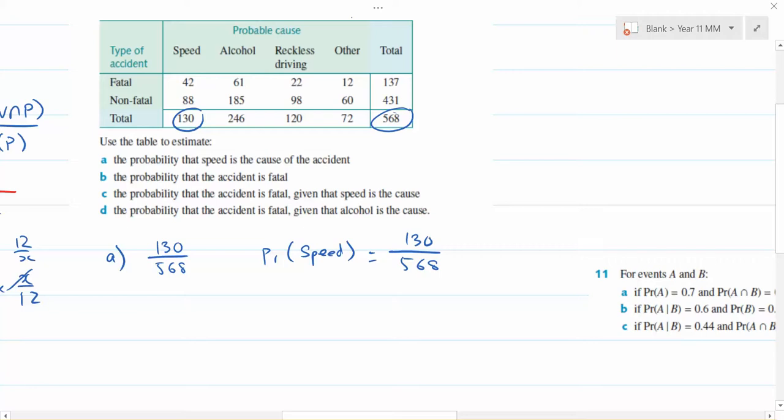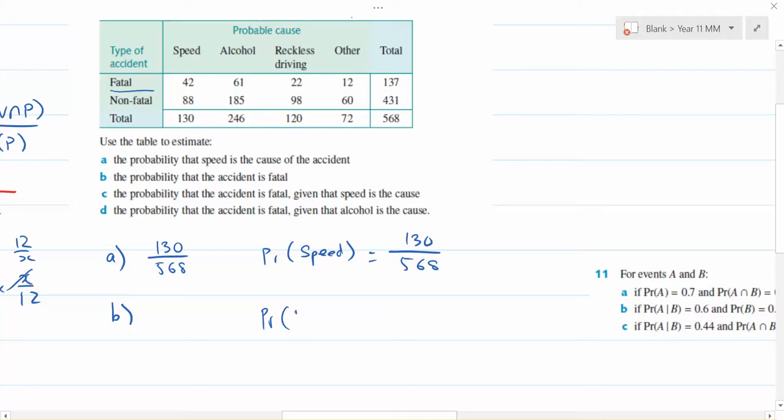Out of them, how many of those people speed? 130. Okay. Part B. It says the probability that accident is fatal. Well, fatal, this is under the category of fatal. 42 was fatal for speed, 61 was fatal for alcohol, 22 was for reckless driving, and other was 12. They're all fatals there, and a total of 137. So in total, I've got 137 people that are in a fatal accident.